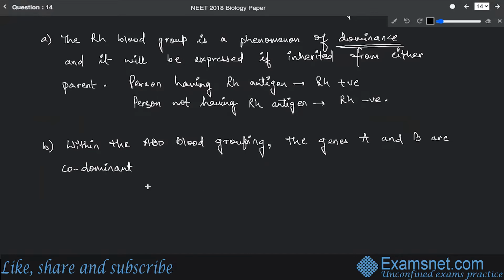Codominant means that these genes will be expressed whenever the gene is present.